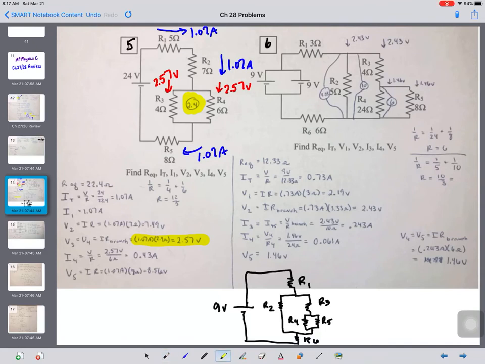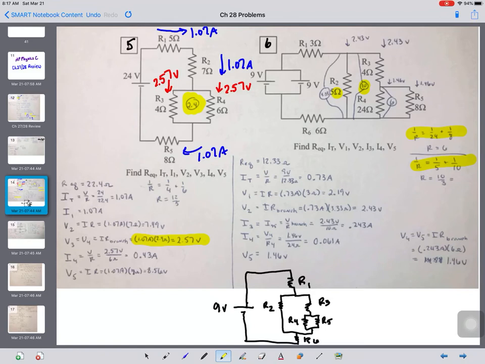That's going to be 1 over 24 and 1 over 8 equals 1 over R. Solving that down, we get 6 ohms there. We have then the 4 and the 6 in series, which gives us a 10 ohm of resistance. That 10 ohm and the 5 ohm are then in parallel.